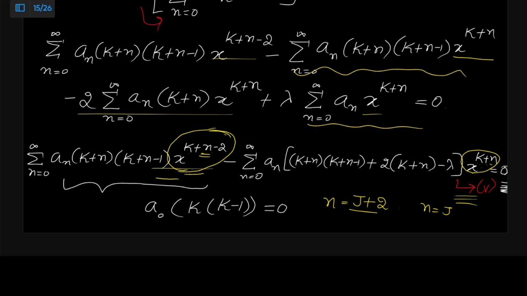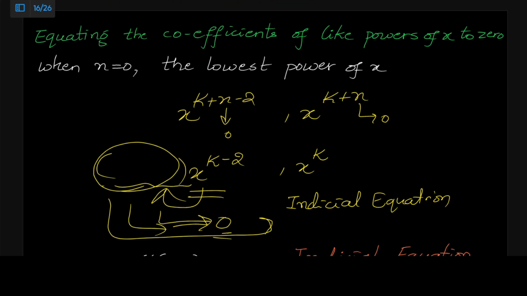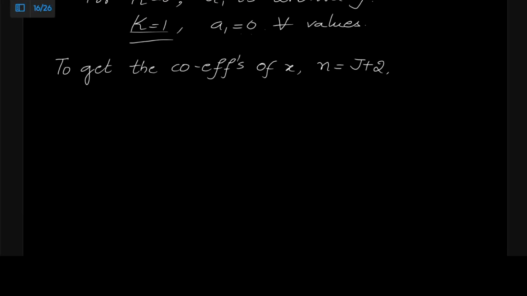So I'll make these two powers equal just by taking the value of n. So I'll take n is equal to j plus 2 in the first summation and n is equal to j in the second summation.